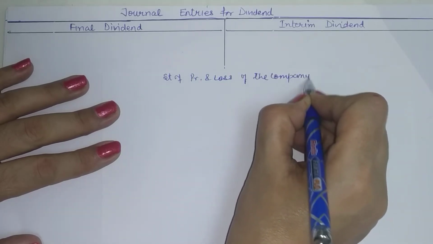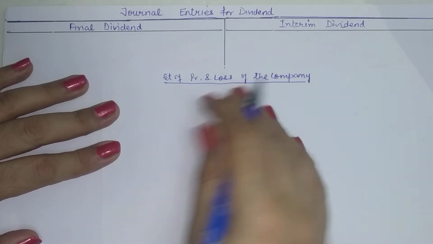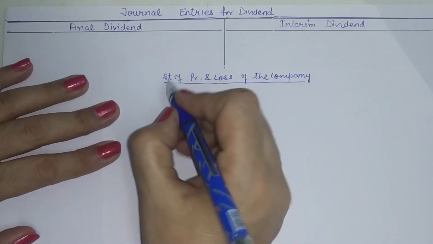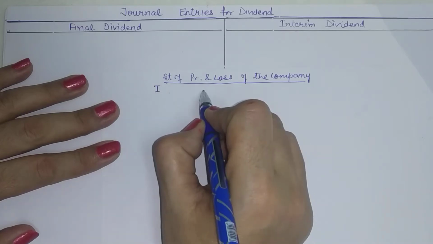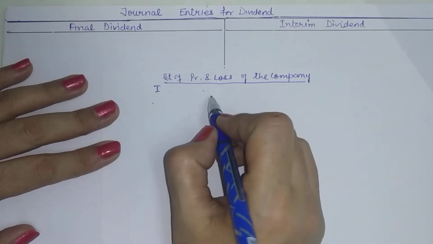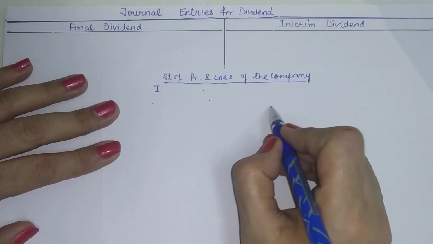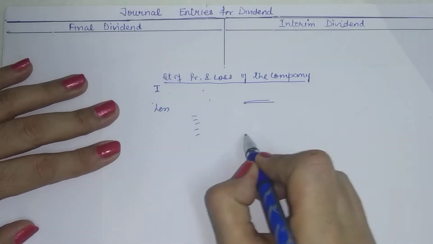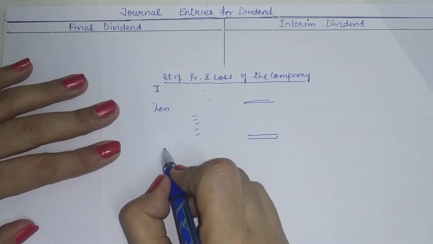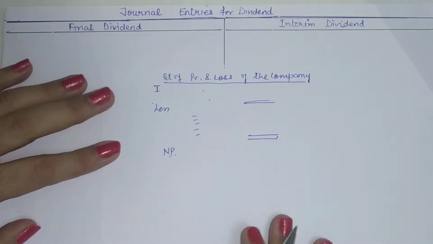In order to determine its profits, company prepares its statement of profit and loss, wherein it records its income from the operating activities, other incomes, then it takes up total income. After this, it deducts various expenses under all the categories. Then it has net profit, right?